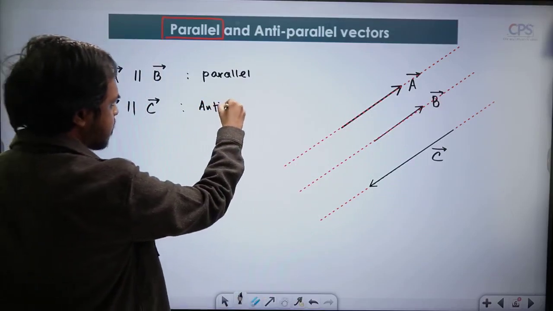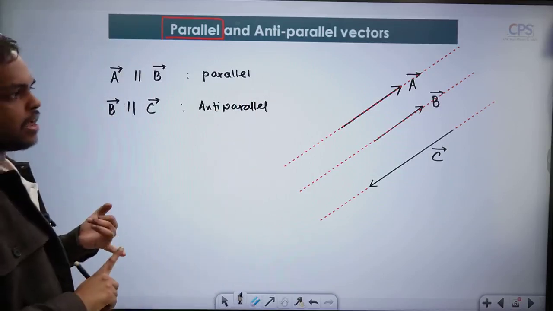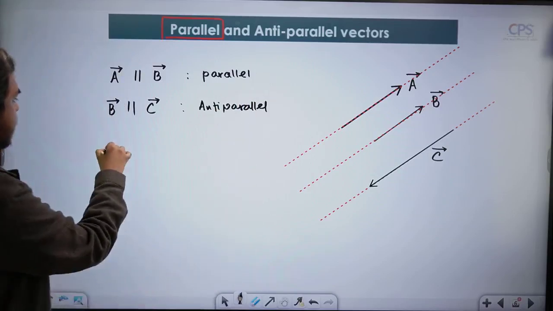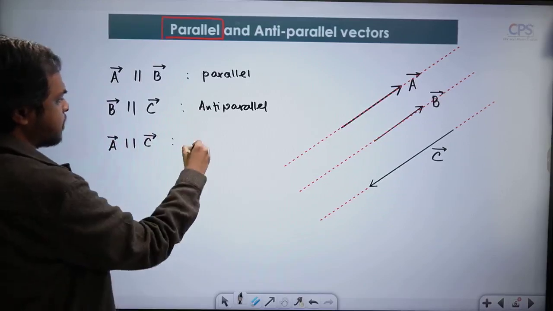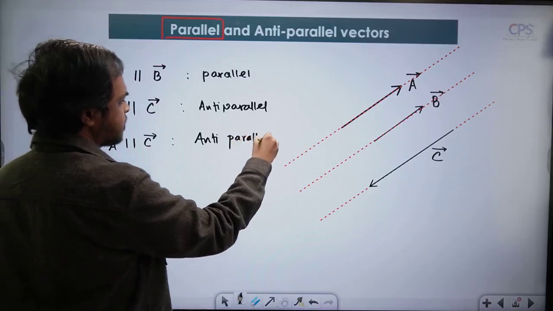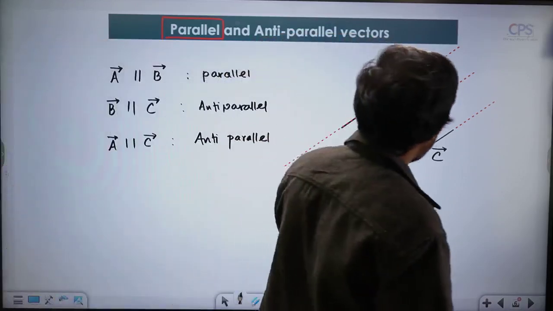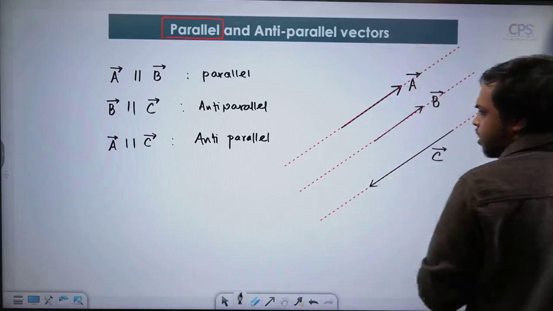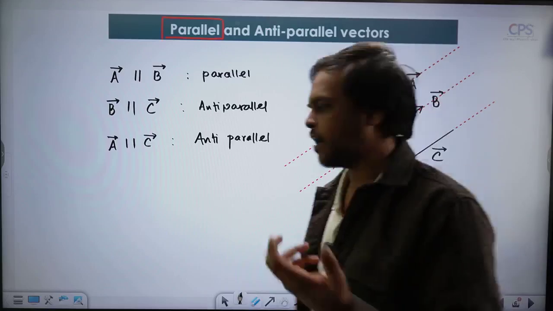Anti-parallel vectors. And A and C are also anti-parallel. Those with the same direction are parallel vectors, and those in opposite directions are anti-parallel.